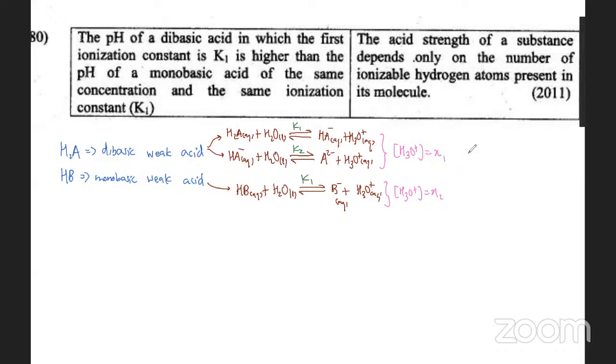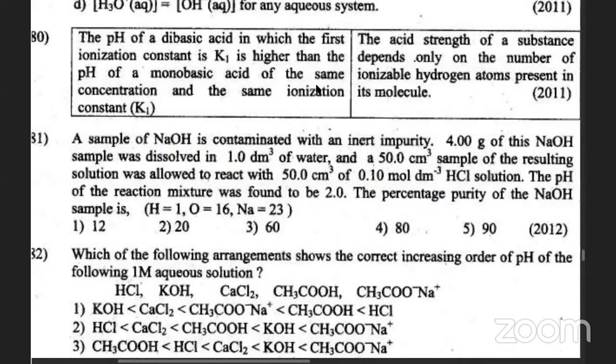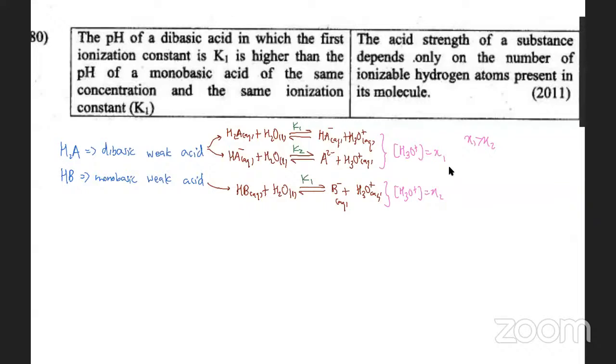Which one is going to be bigger, X1 or X2? Obviously, X1 is bigger than X2, because more H3O plus will be released by the first acid.